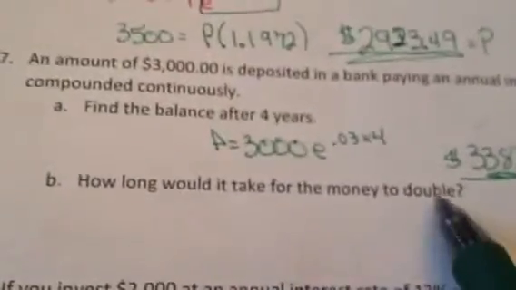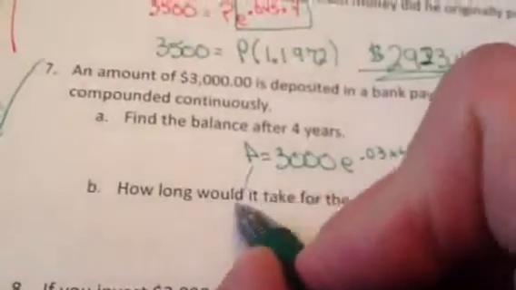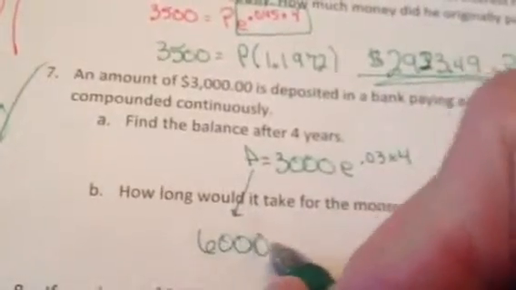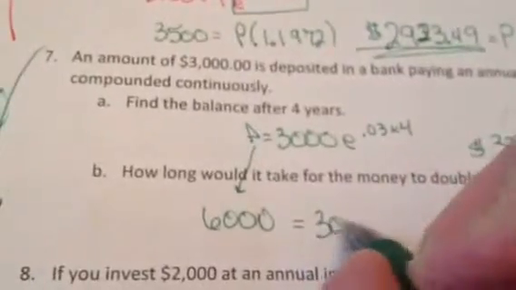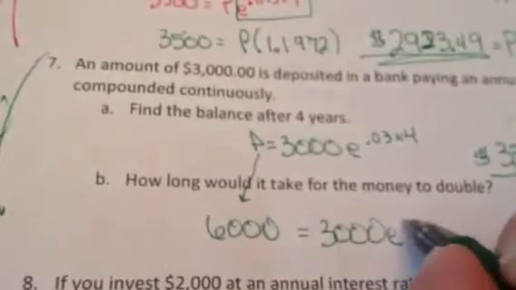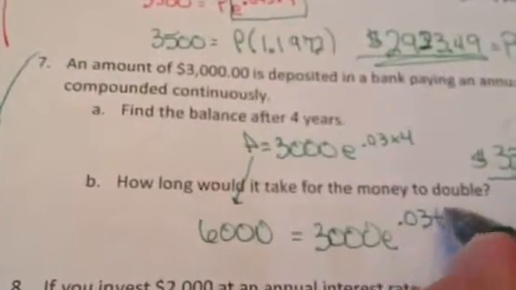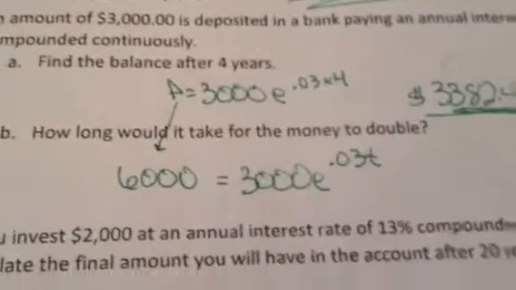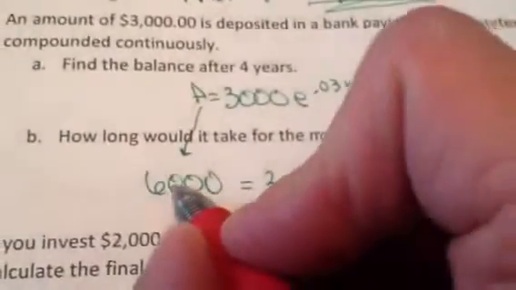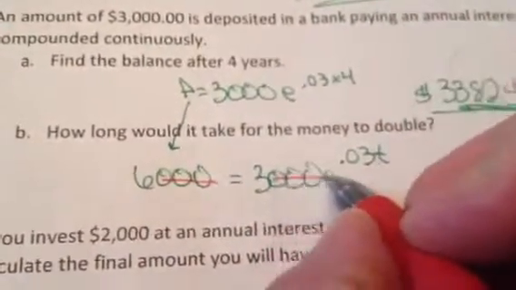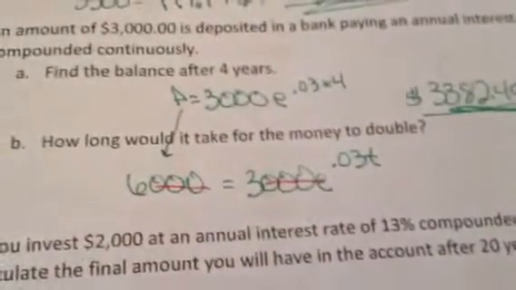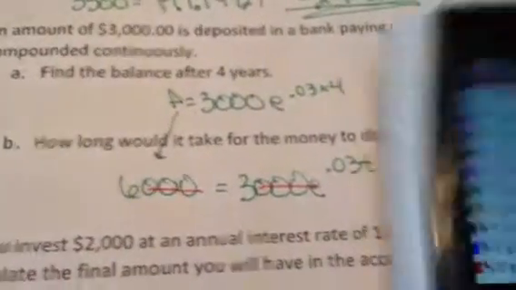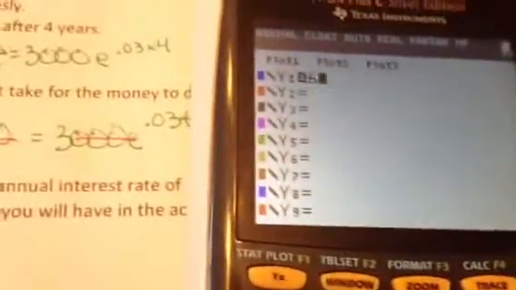How long will it take for the money to double? That means we want our new amount to be $6,000. And we're still at 0.03, but we don't know the time anymore. So I'm going to go to the graphing calculator. I'm going to take out these zeros. All right, clear out the other equations. And then I'm going to have 6.